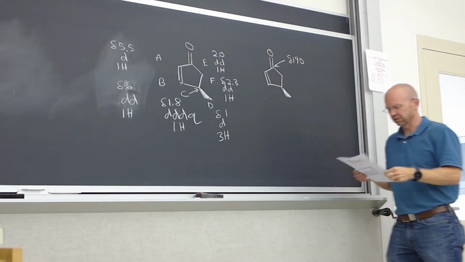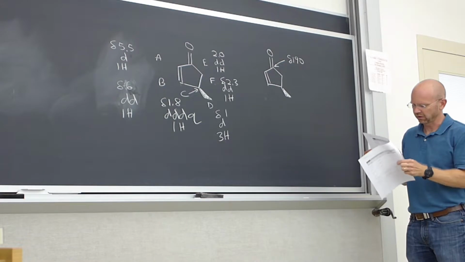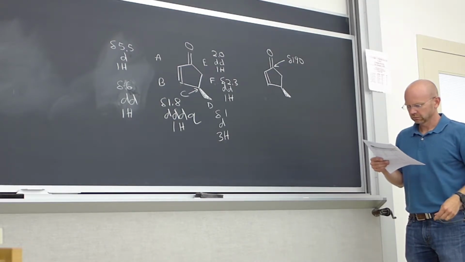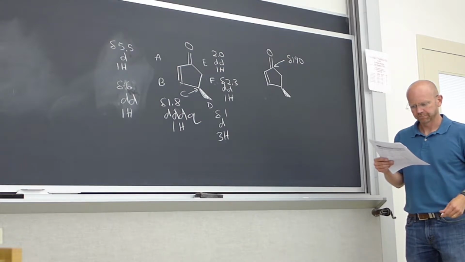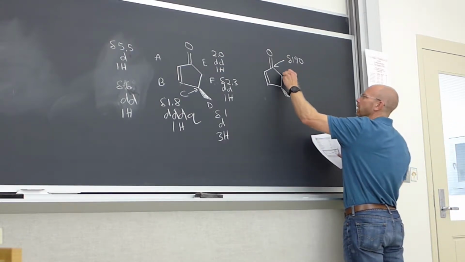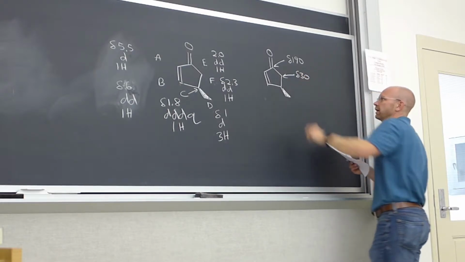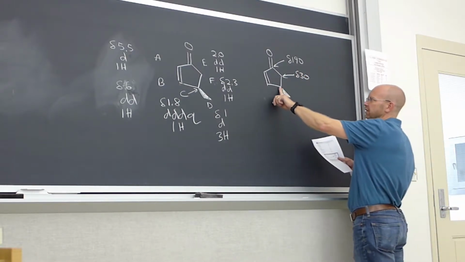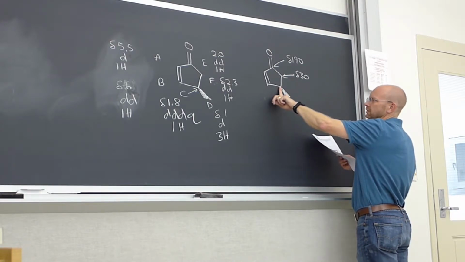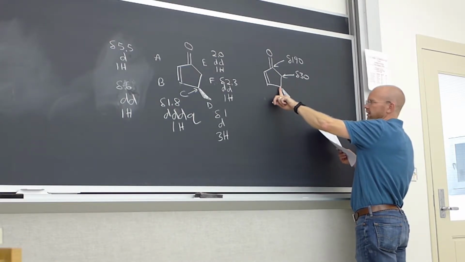I don't know what the best analogy is in your table. Your table is very limited for the carbon. What do you think? 30. 30, all right. I'll buy it. That's not too bad for what you have for your table. And then this one. This is a tertiary carbon, right?